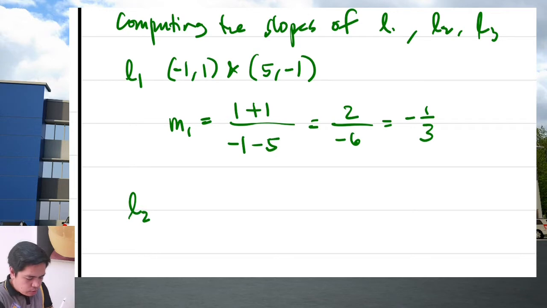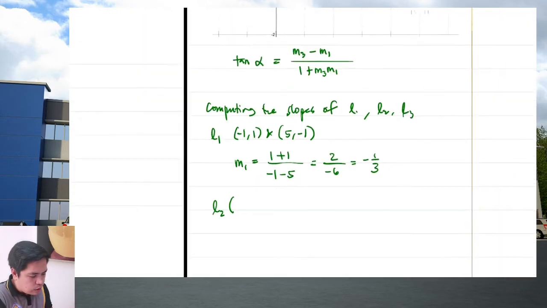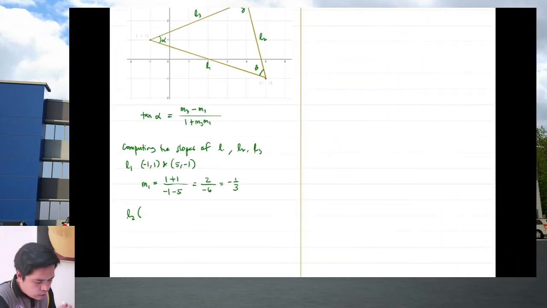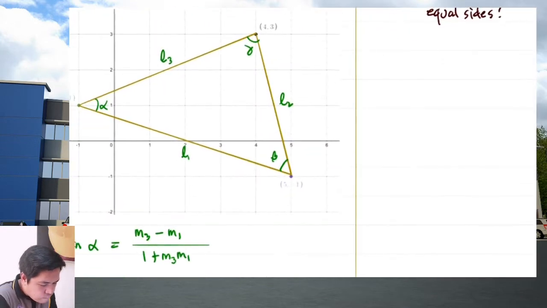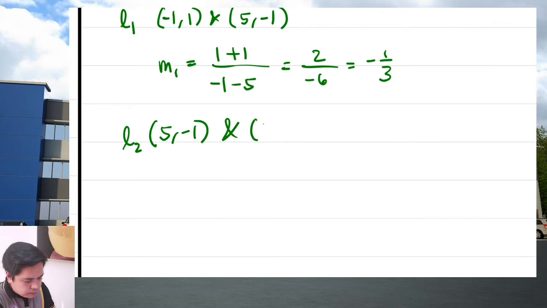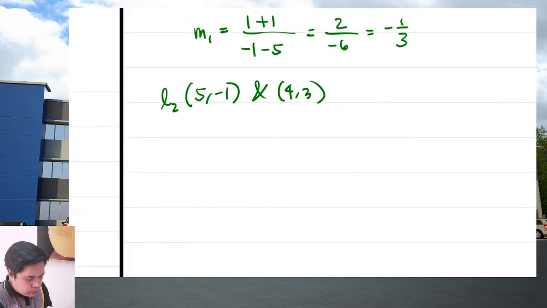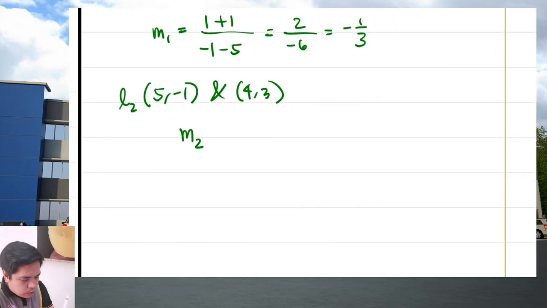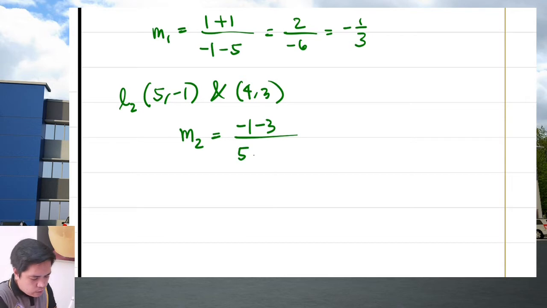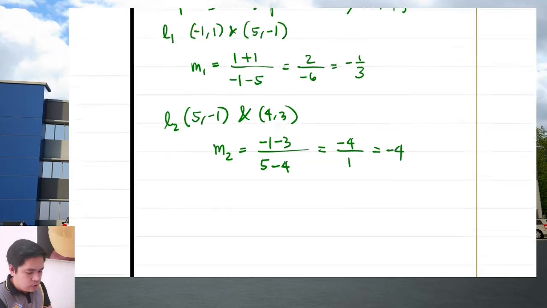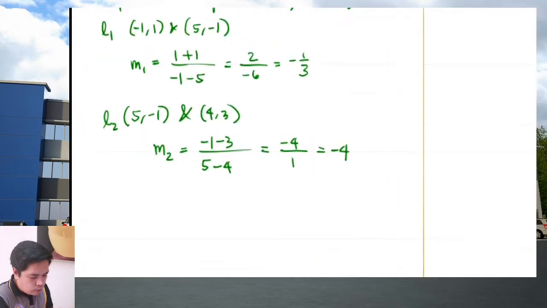How about the slope of line 2? Line 2 connects 5, negative 1, and 4, 3. The slope is negative 1 minus 3 over 5 minus 4, which becomes negative 4 over 1, or negative 4. So the slope of line 2 is negative 4.